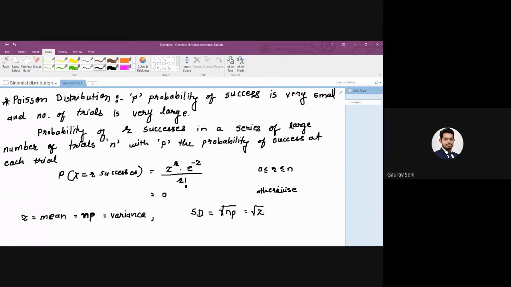I am again repeating one statement. When you have data, our task is to identify which distribution fits best to my data. Just like you decide a sampling method according to the objective of your study.